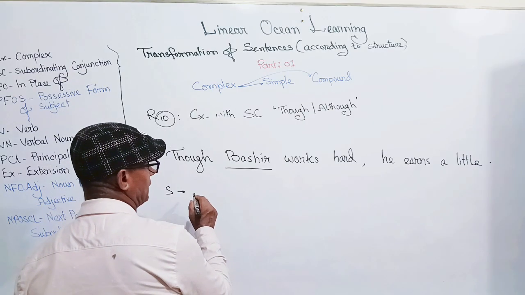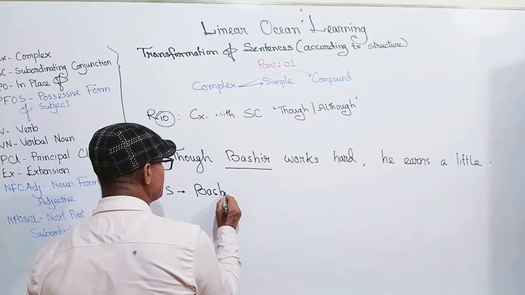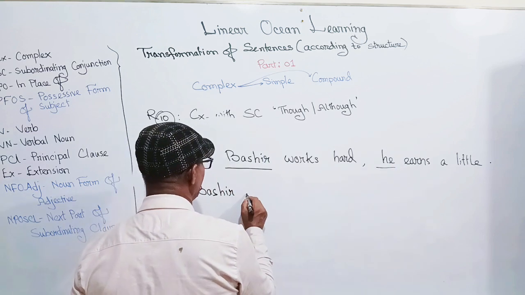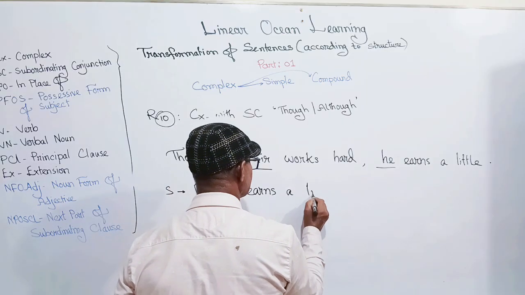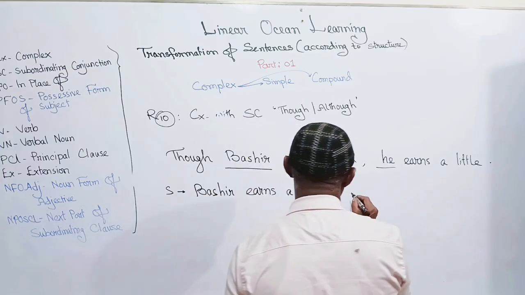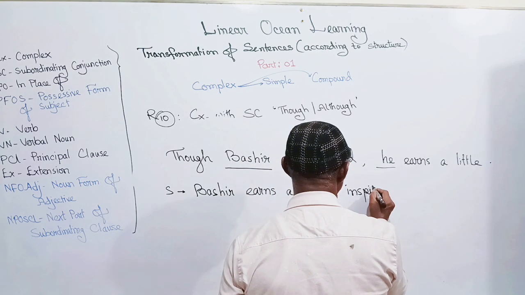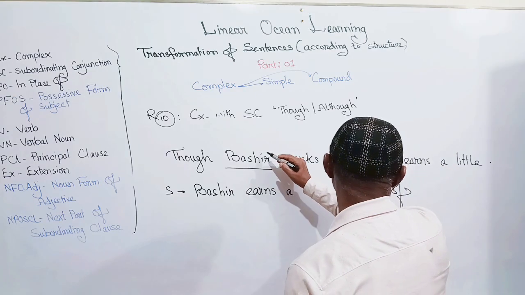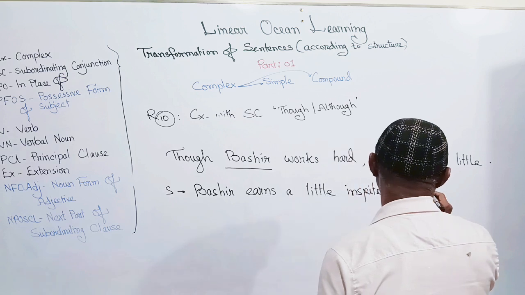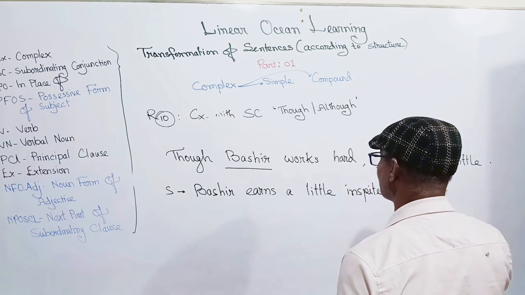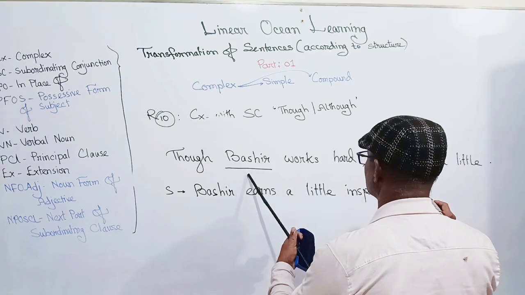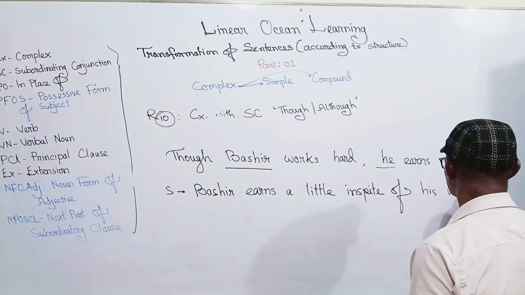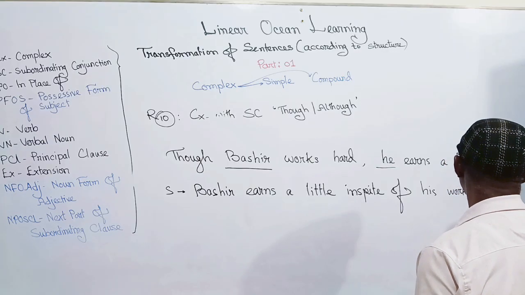So if we put Bashir as subject in place of he, then it's coming to be Bashir earns a little in spite of, in lieu of though or although, plus possessive form, pronominal adjective of the subject, and the pronominal adjective of Bashir is his, in spite of his, plus verb ing, working hard.